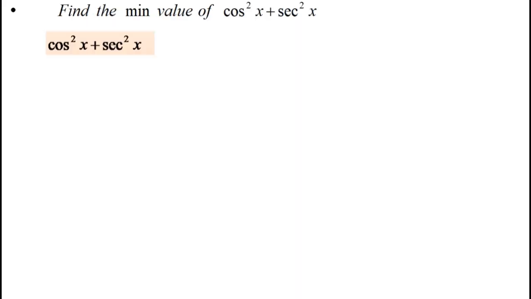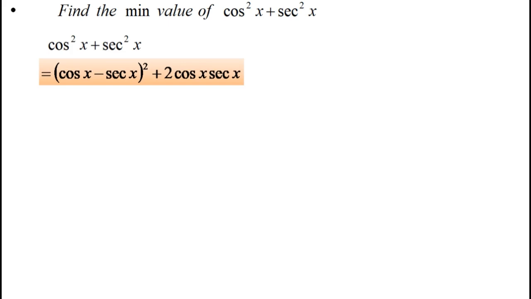The next problem is to find the minimum value of cos squared x plus sec squared x. Now we know a square plus b square equals a minus b whole square plus 2ab. Then cos square x plus sec square x equals cos x minus sec x whole square plus 2 cos x into sec x.